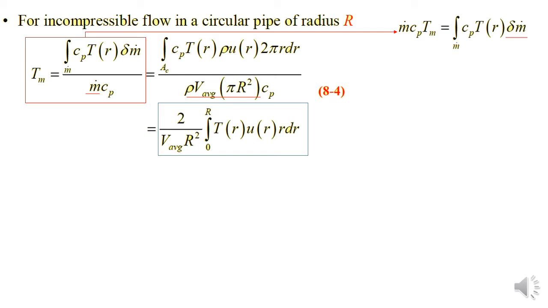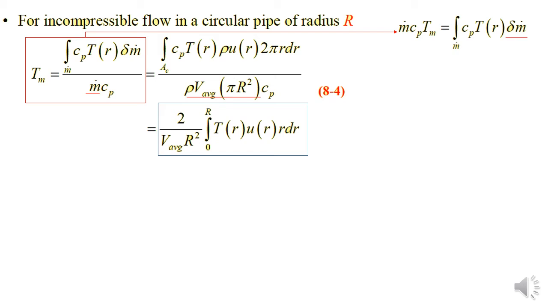And then the equation in the red rectangle can be expanded into the integration over the cross-sectional area AC, Cp as a function of temperature, times rho, as a function of velocity, 2 pi r dr, divided by rho times V average times pi r squared times Cp.